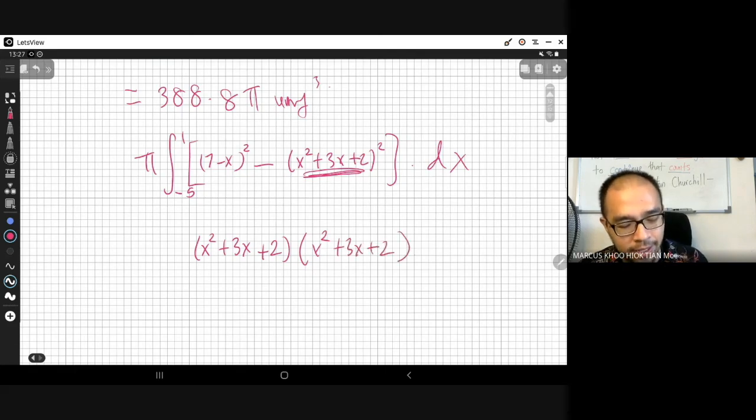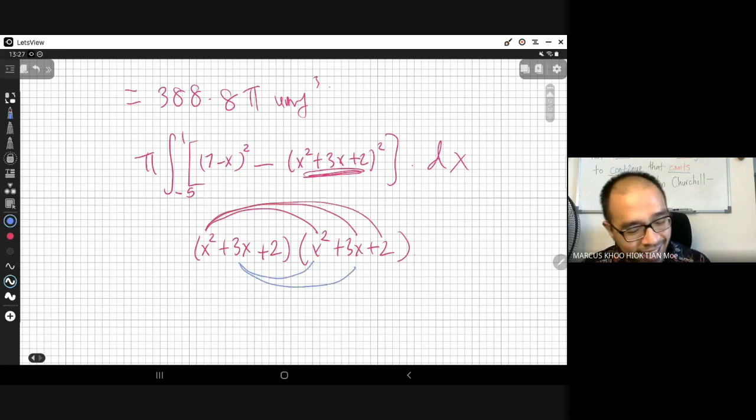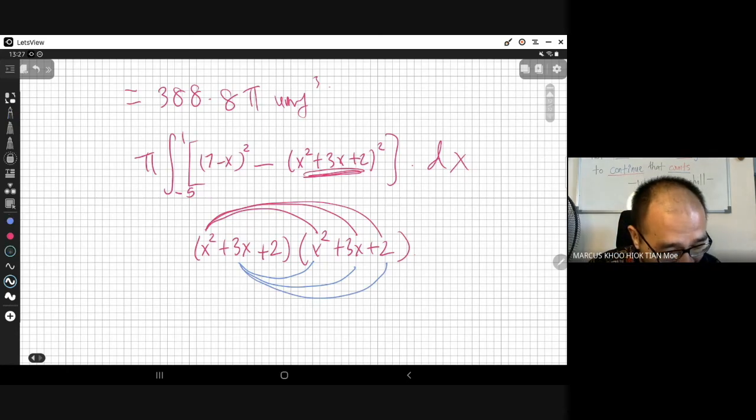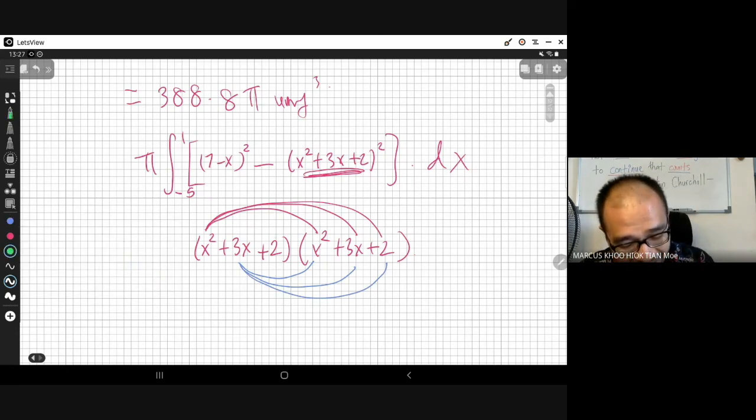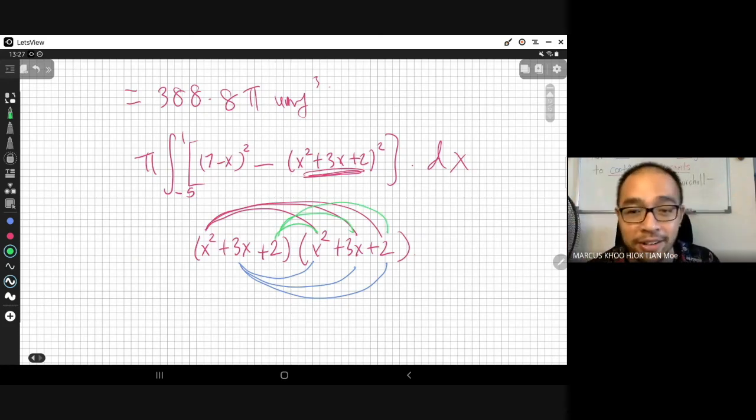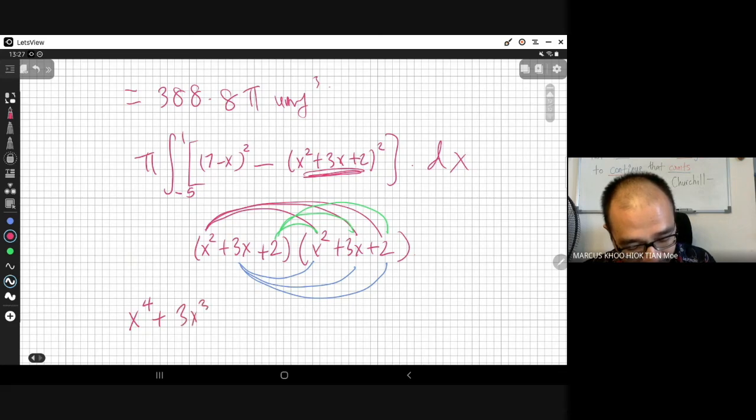Step one, ini darab ini darab ini darab ini. Step two, ini darab ini darab ini darab ini. And then there's a third step, which is this and this and this and this. So you have 9 sebutan altogether. Wah, gila. X to the power of 4 plus 3x to the power of 3 plus 2x squared.